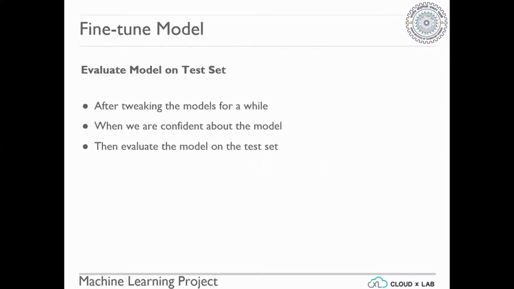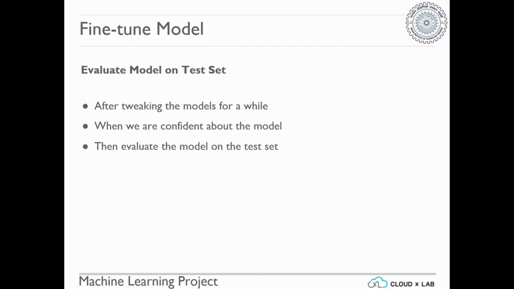So these steps we have already done, right? We have tuned the model, we have selected the best performing model. After doing cross validation, after selecting the best value of hyperparameter, after selecting the best possible model, now we are selecting the final model.